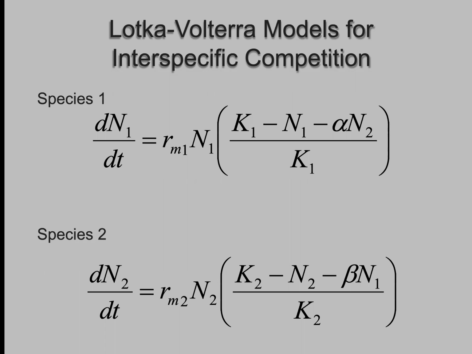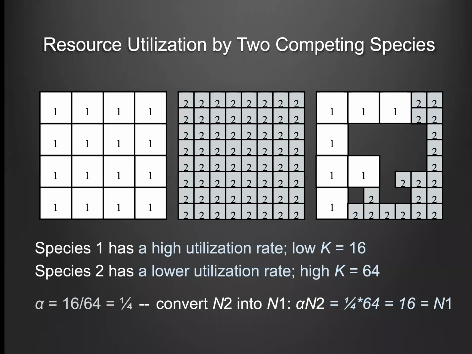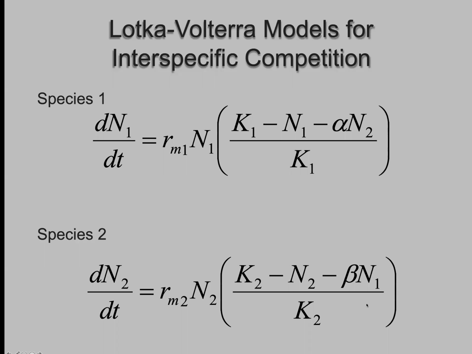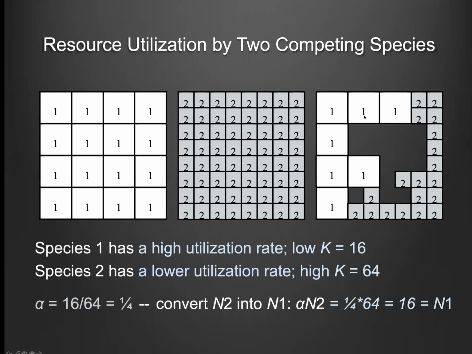It would be 4. So if we have a reciprocal relationship in competition coefficients, then if alpha is 1/4, beta would be 4. What you can see is that would drive this value up, which makes sense, because every one of these guys is going to use 4 times as much.